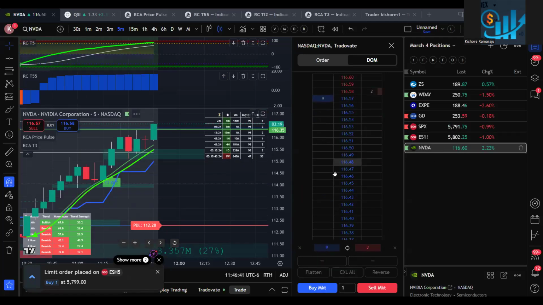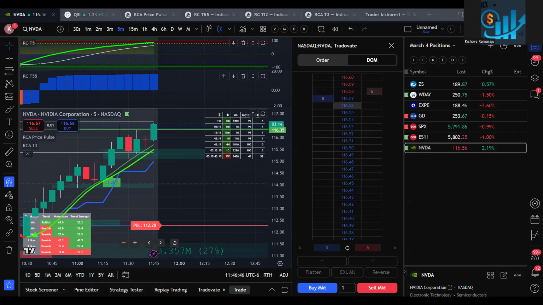It is moving huge. SPX 5790 call making huge.